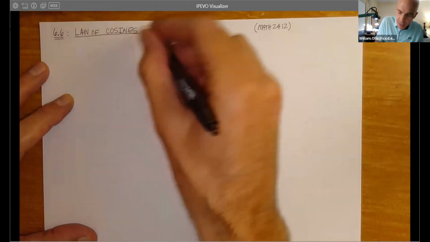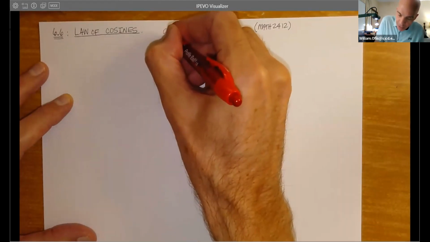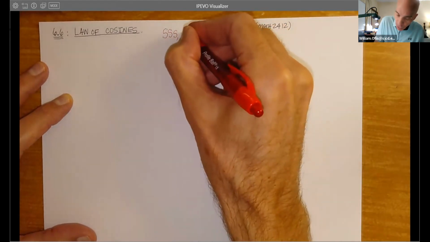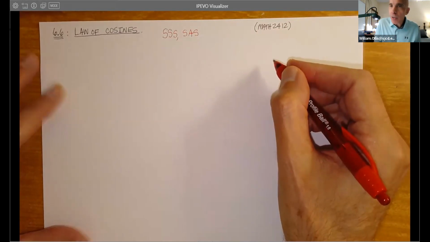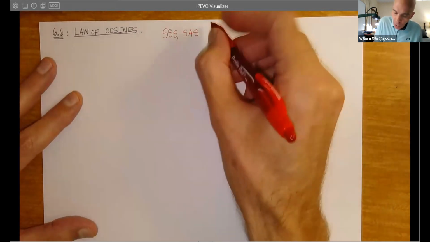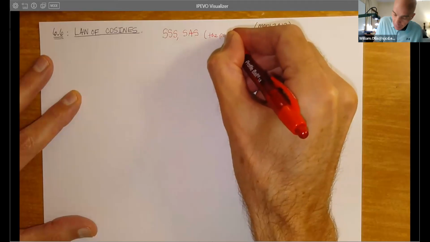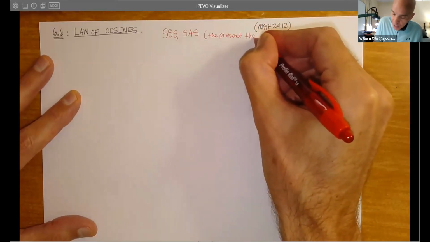And so, for instance, let me just write this in red. We have 2 other cases, the side, side, side, and the side, angle, side. And these cases required another approach. So I'll just say this, the present theorem covers these cases.